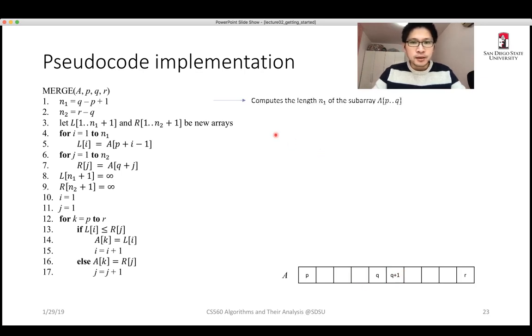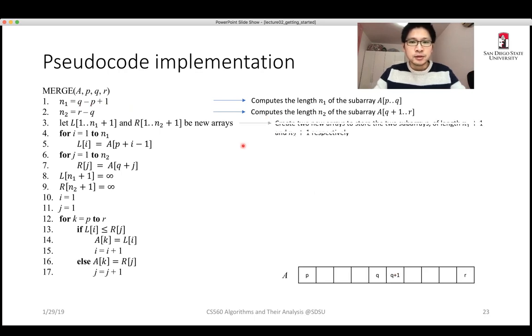So let's look at the first line and the second line. They compute the length for the subarrays, and the subarray on the left ranges from P to Q. So it computes the length by Q minus P plus 1 and assigns it to N1. And the length of the subarray on the right is R minus Q, right? And assigns it to N2.